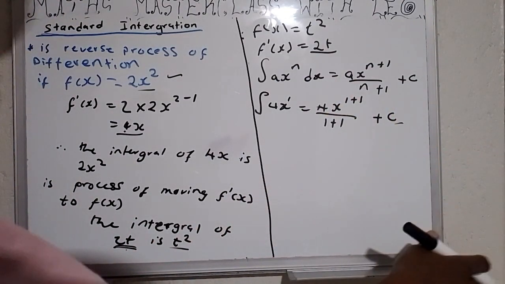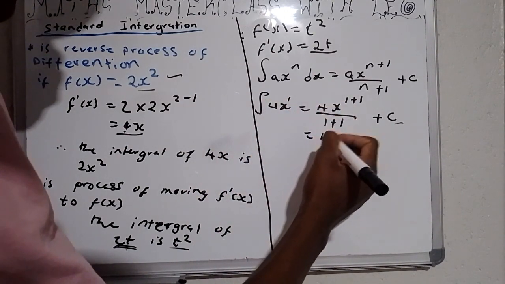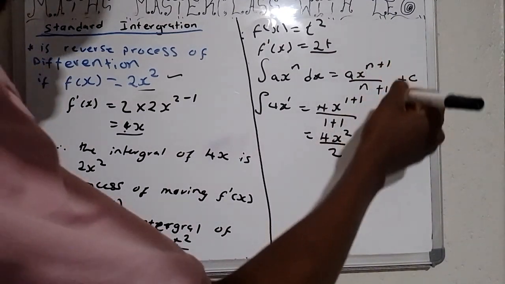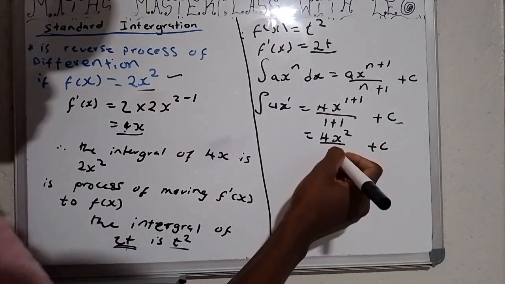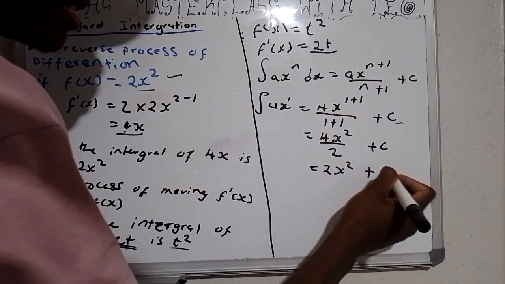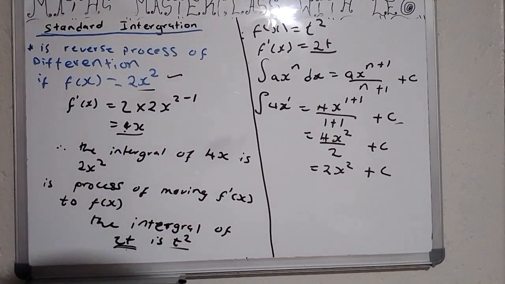So here I'm going to have 4x squared over 2 plus c. This will give me 2x squared plus c. In this case, c can be any number, it can be 0, it can be any number.